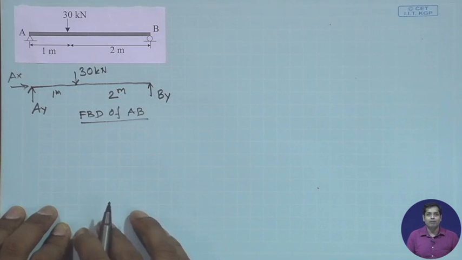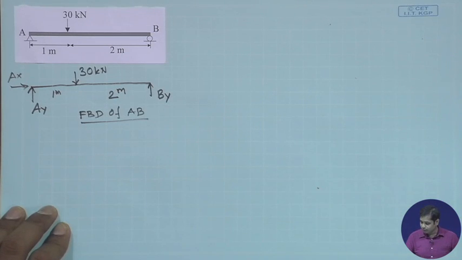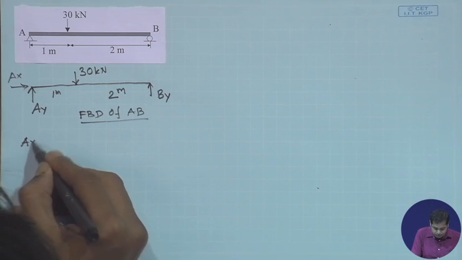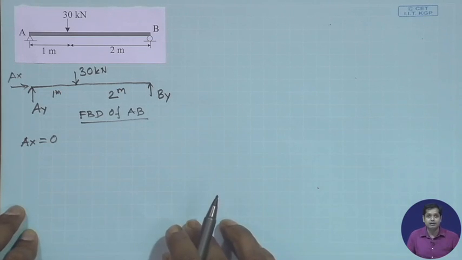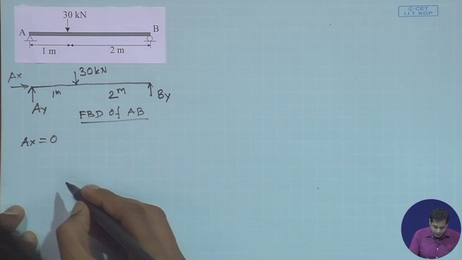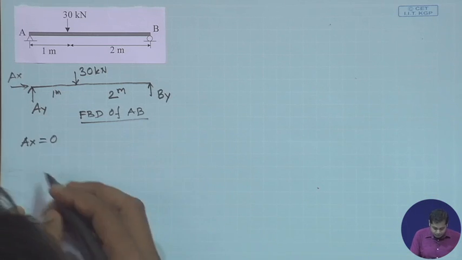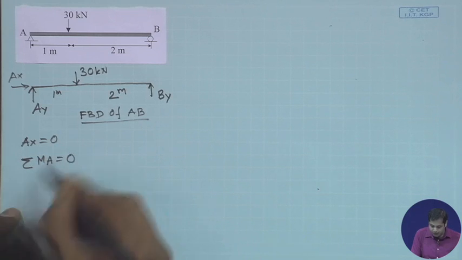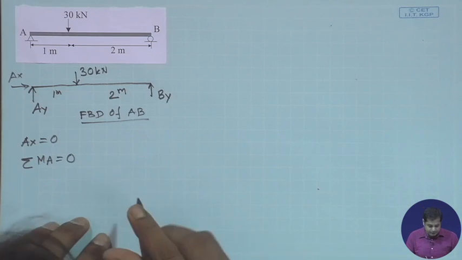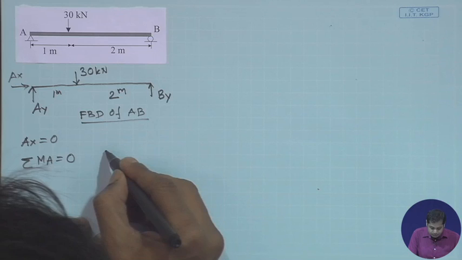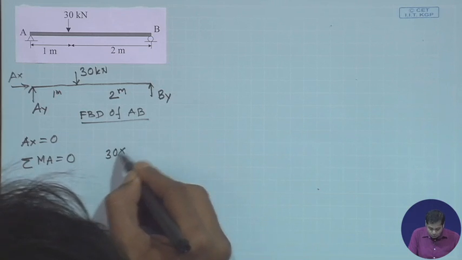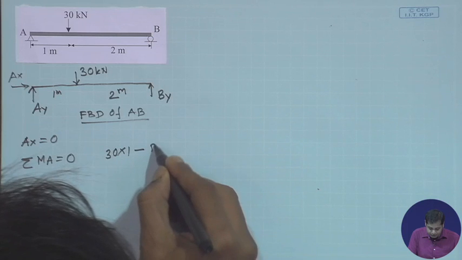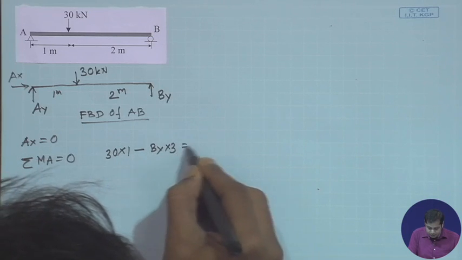Now, again Ax will be 0, that we get directly from the first equation, summation of Fx is equal to 0, and then if you take moment about A equal to 0, this gives you 30 into 1, which is clockwise moment, minus By into 3 is equal to 0.